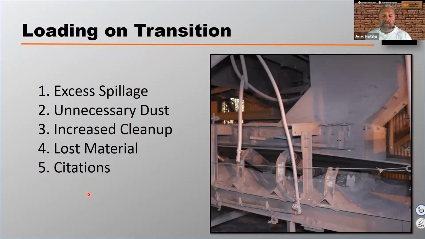It's no different than if you were building a car and sold it, delivered it, designed it for an end user, and didn't intend it for the typical driving. These users must have conveyors that don't spill, don't dust, and don't increase their cleanup costs. They're going to have problems with these belts if they're loading on the transition.